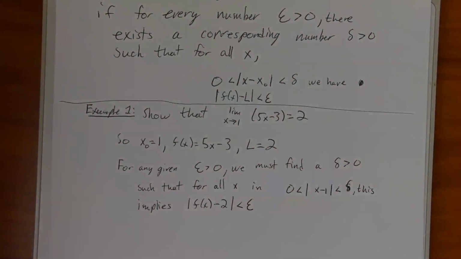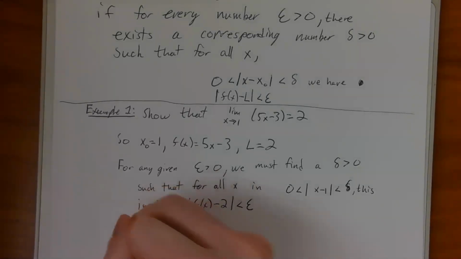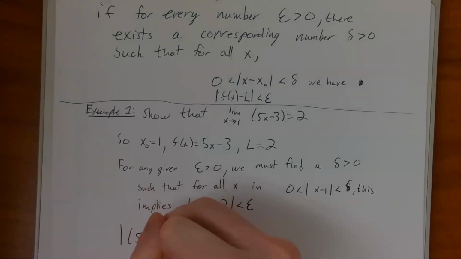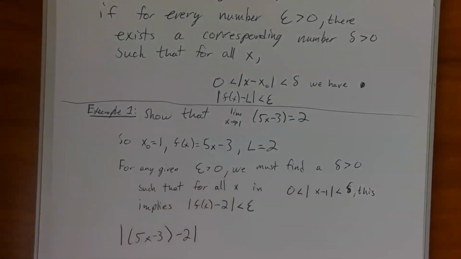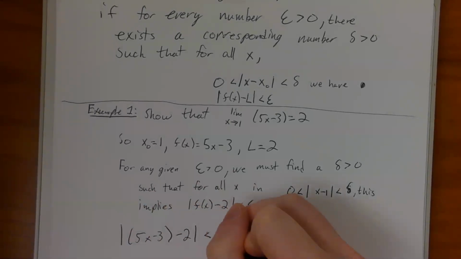Well, in this particular problem, we have an easy way to solve that, and that is to work backwards on this inequality here. So let's write this out with f of x plugged in. What is our f of x here? That is 5x minus 3. And so we have the absolute value of 5x minus 3 minus 2 is less than epsilon.